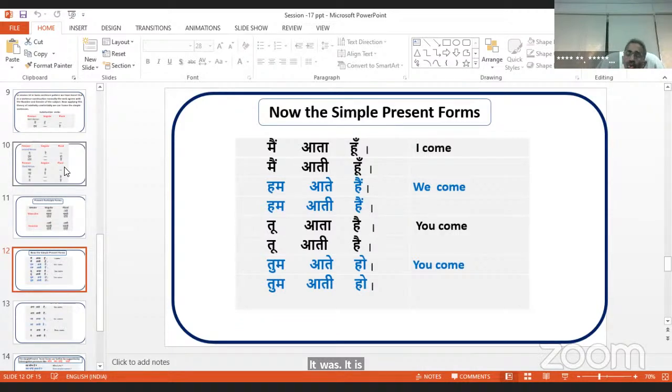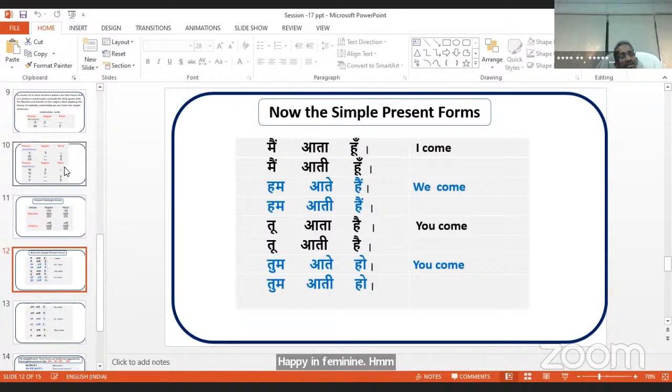Now, tu, that means you, is a singular form. Whenever tu comes, the singular form of the verb will be hai. Tu आता है, तू आती है, aati in feminine.